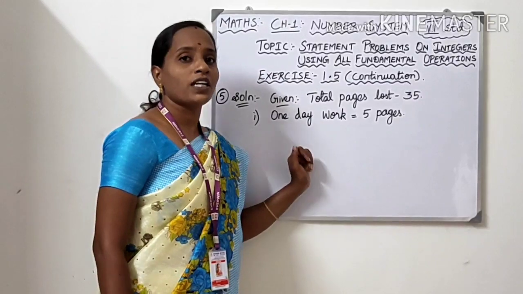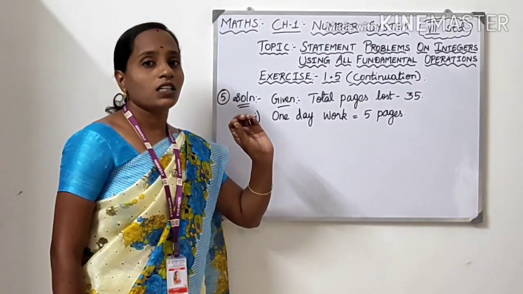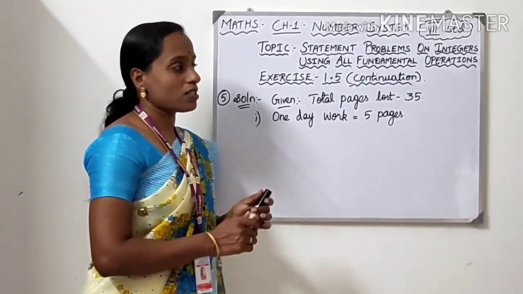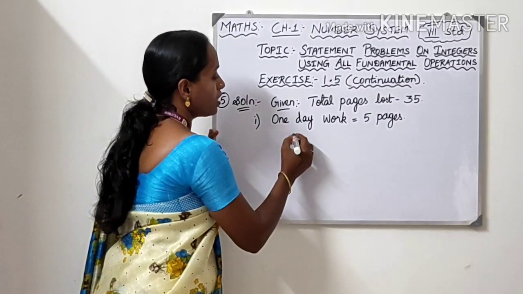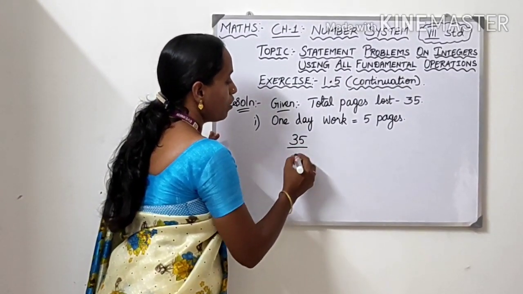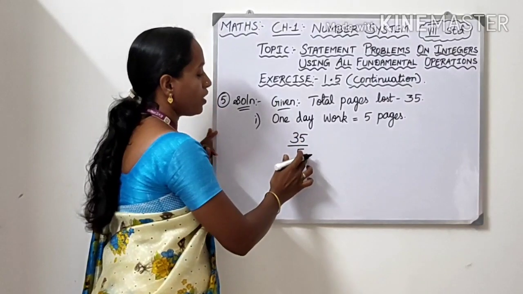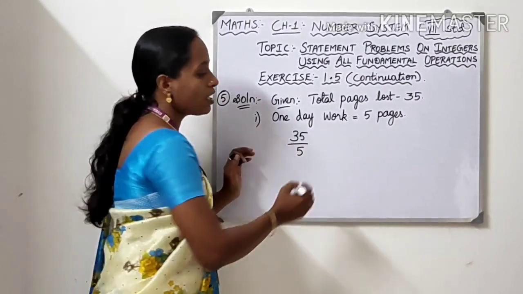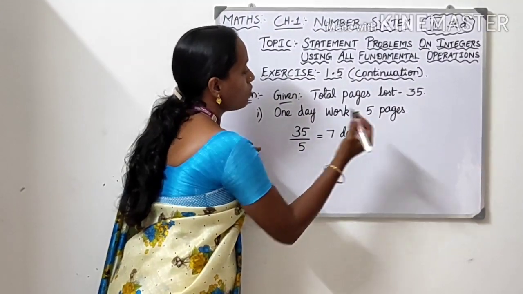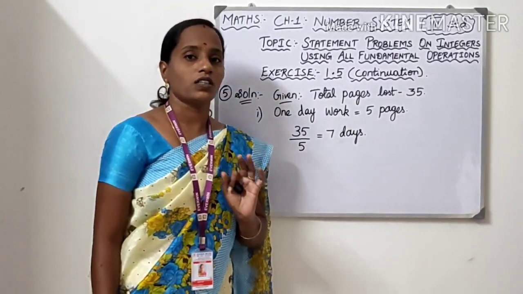Now we are going to find out how many days he took to write these 35 pages. So we divide 35 by 5. In the 5 table, 35 is 7 times. So he lost 7 days' work.